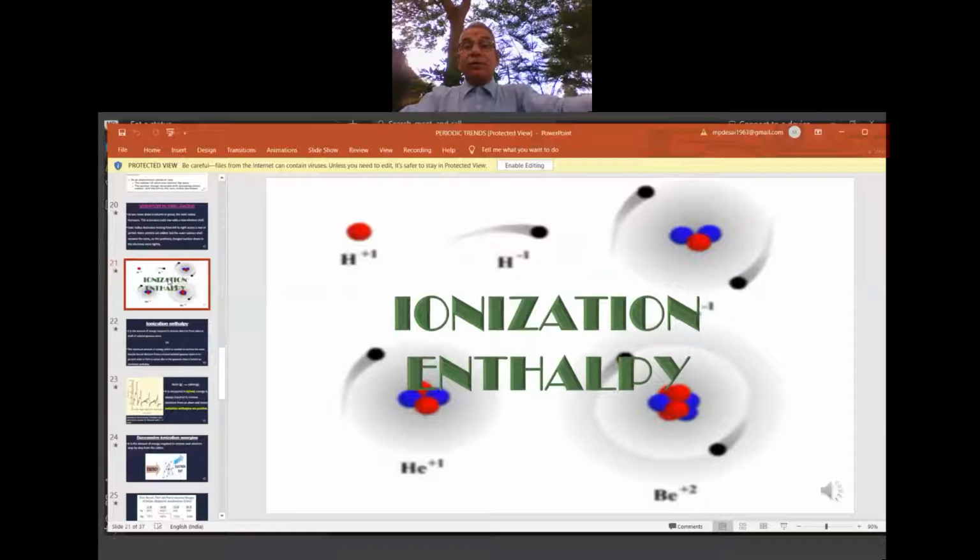How are ions formed? Either by losing, or by gaining, or by sharing, or by coordinating, some electronic transaction, some electronic business they do. By doing that electronic business with someone, they undergo change. Because atoms are electrically neutral, we learnt, equal number of protons and equal number of electrons.